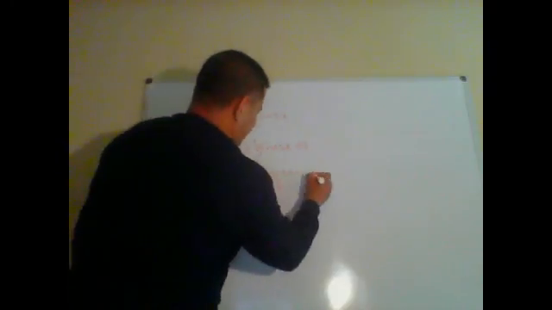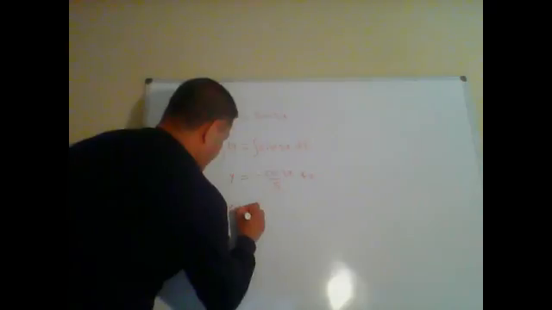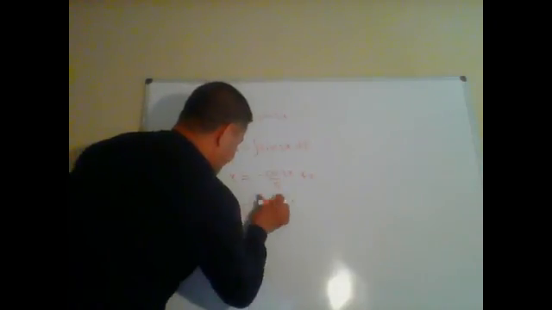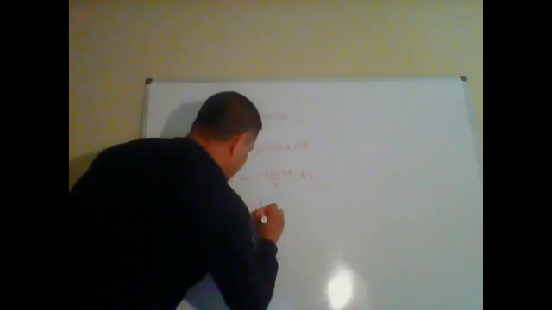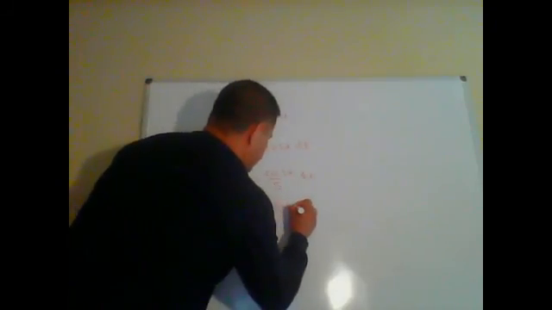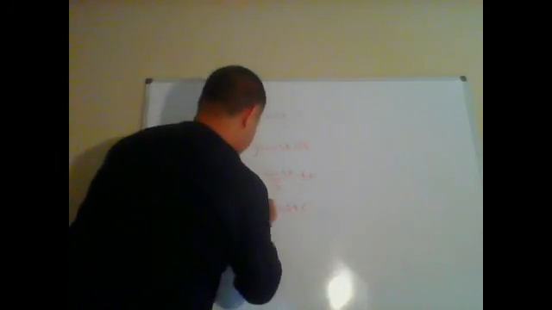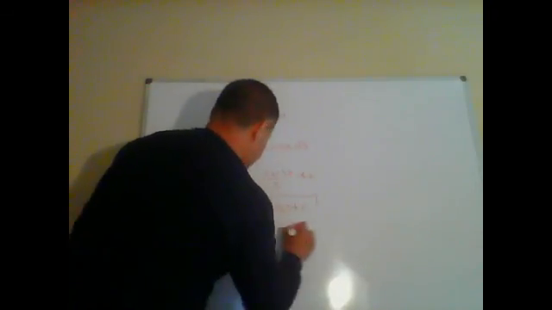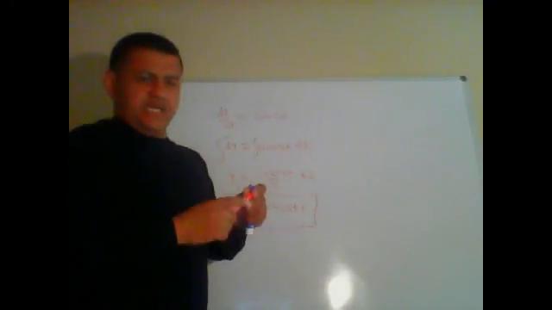So I get negative cosine of 5x divided by 5, plus c. This is nothing but negative 1/5 cosine of 5x plus c.